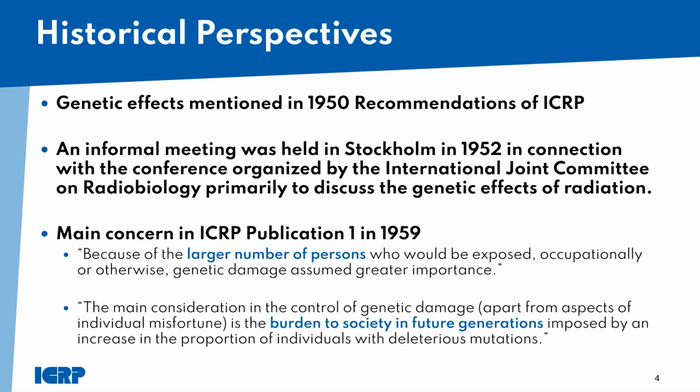And in publication one, I just mention a few sentences. The key element was that because of the larger number of persons who would be exposed occupationally, genetic damage assumed greater importance. So this is, first of all, the concern about exposure of a large population.